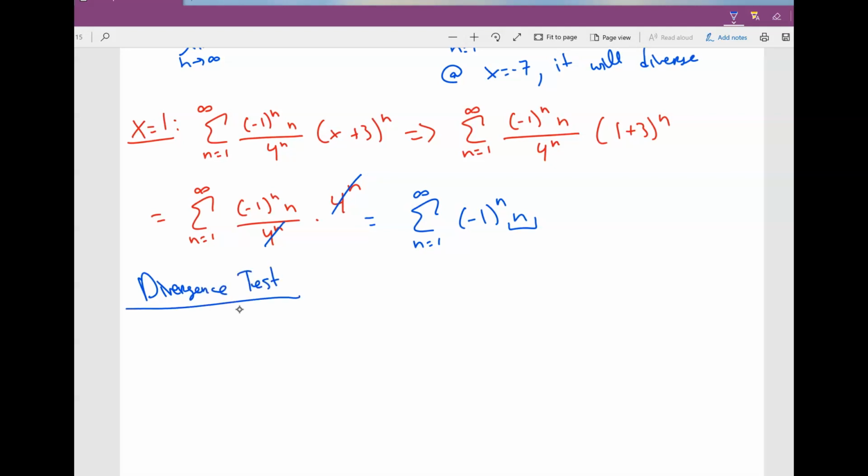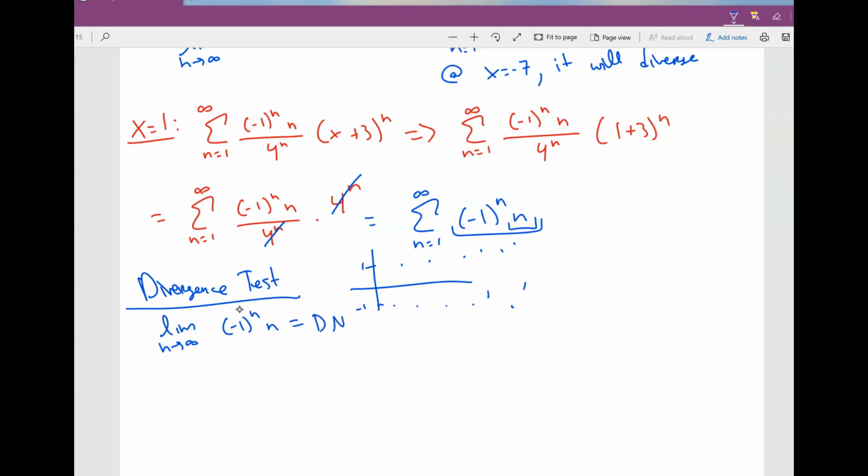So what we're going to do is take the limit as n goes to infinity of this whole thing, negative 1 to the n times n. Notice that when I plug in infinity in here, this is just going to be alternating. If I look at this, here's 1 and here's negative 1, this thing is just going to be alternating back and forth. So the limit isn't ever going to go anywhere.